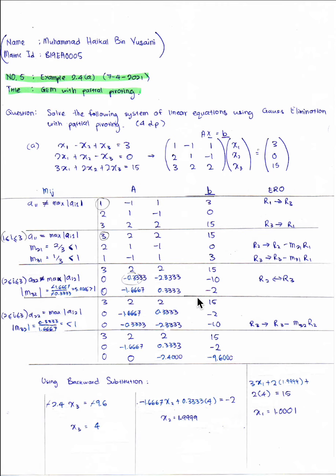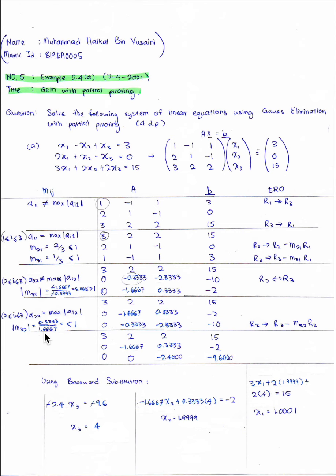All this line must be exchanged according to this ERO. After that, we make sure this is the maximum value. As usual, we follow this equation, 0.333 divided by 1.667 to get the factor, taking the modulus, so we get lower than 1.